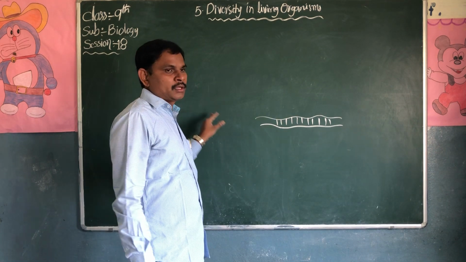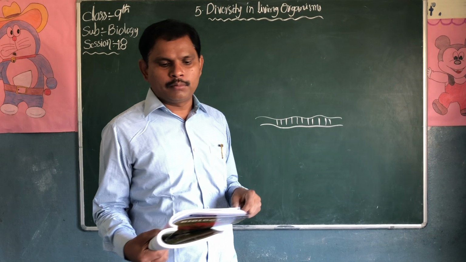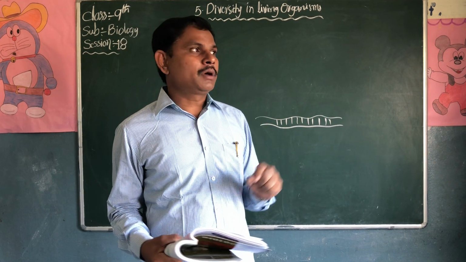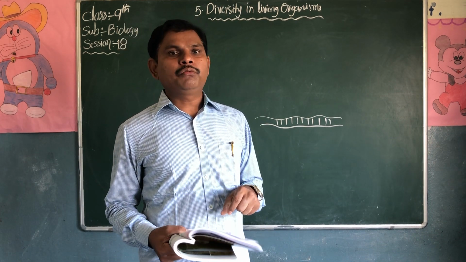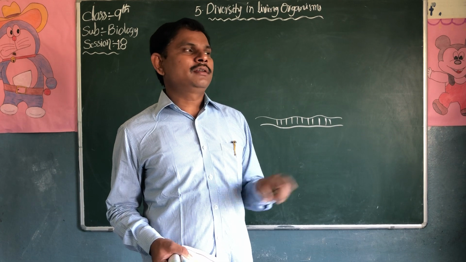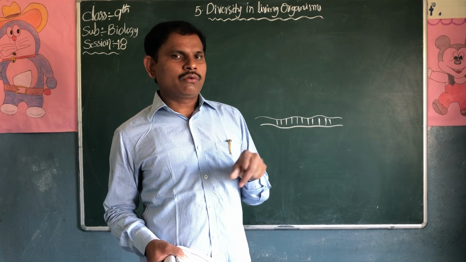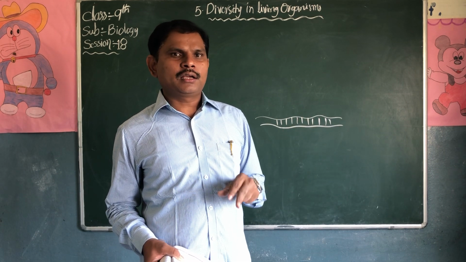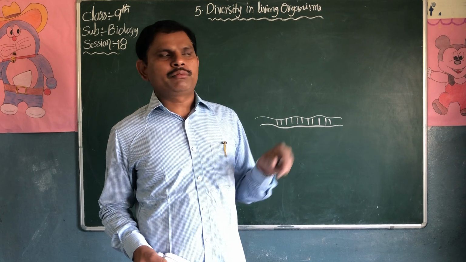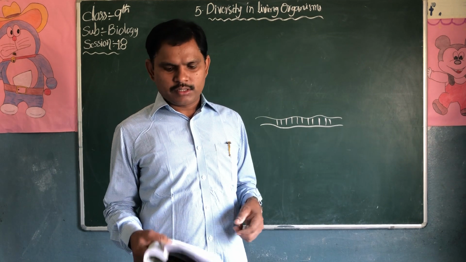This is about Table 5: name of the insects, number of legs, number of wings, color, shape, size, round, rectangle, square, cylindrical, whatever it may be. Just write what they have.